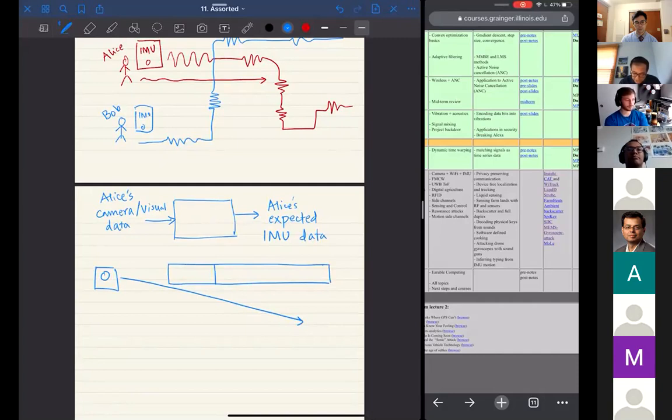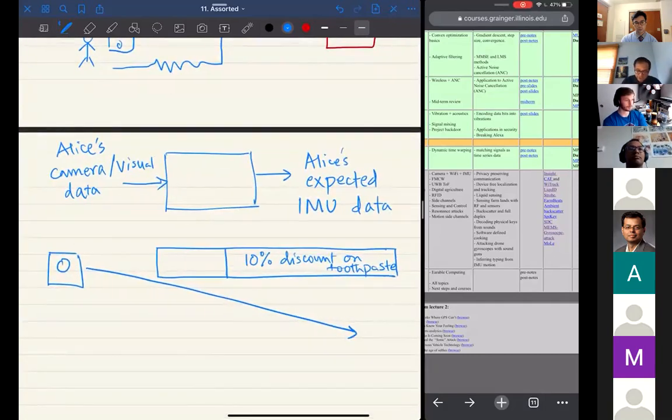The message says 10% discount on toothpaste. But who does the message go to? The message goes to an address which is this value. Does that make sense?